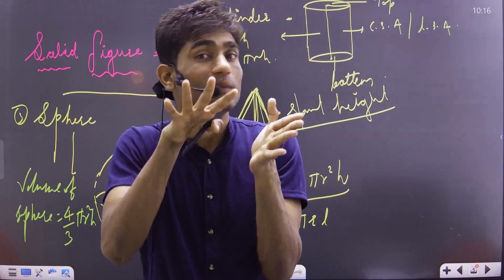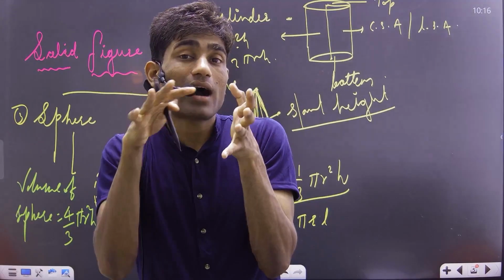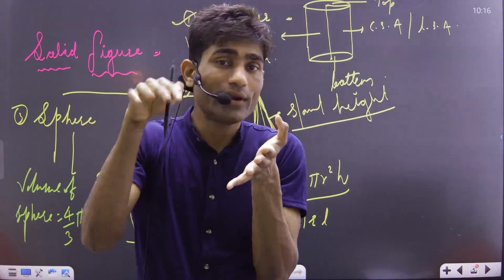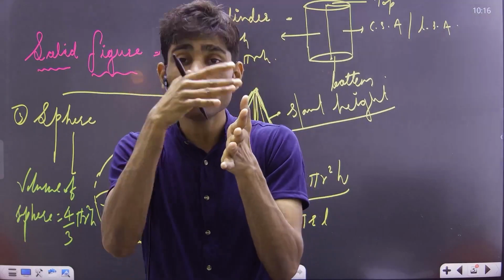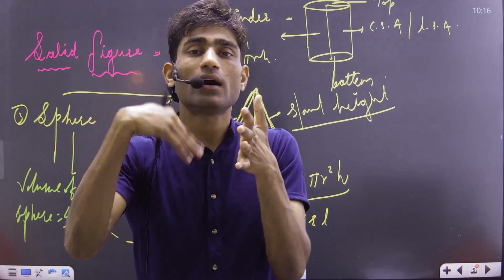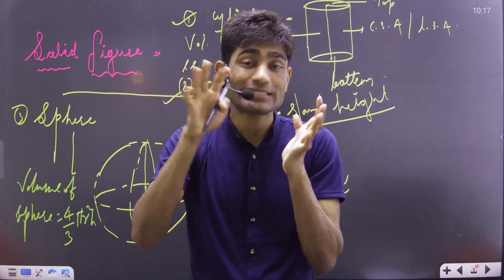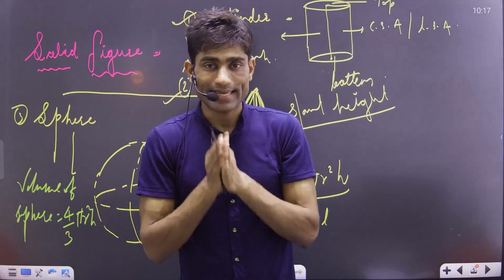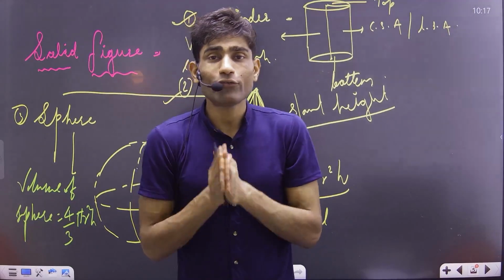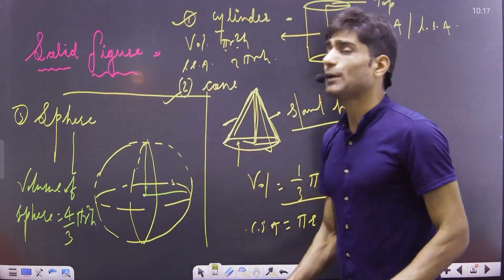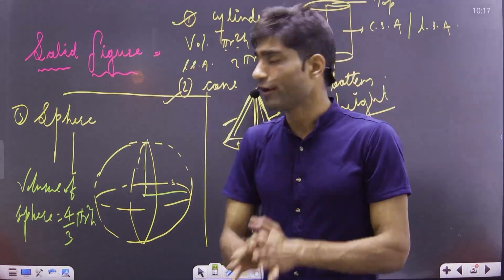It does not have another area. It is only one single complete area we have here, which is both the curved surface and the total surface. We don't have another area available in our sphere. Now we have to find out the curved surface, total surface or lateral surface area for this sphere.